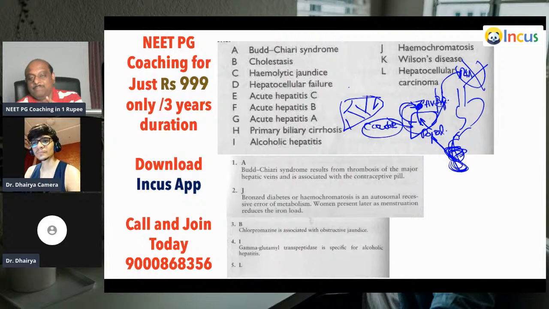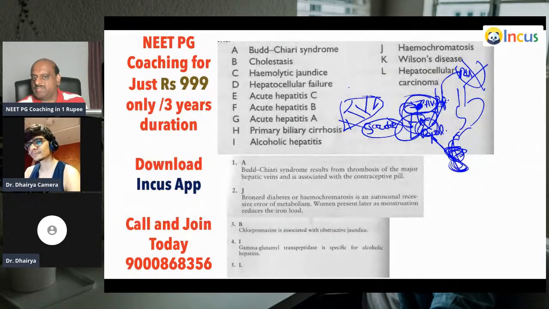So whenever the hepatic vein gets thrombosis, all the remaining lobes of the liver will go to the caudate. They tell the caudate, hey, you know how to drain into the IVC, no? Our hepatic vein is blocked, so please drain our blood into the IVC.